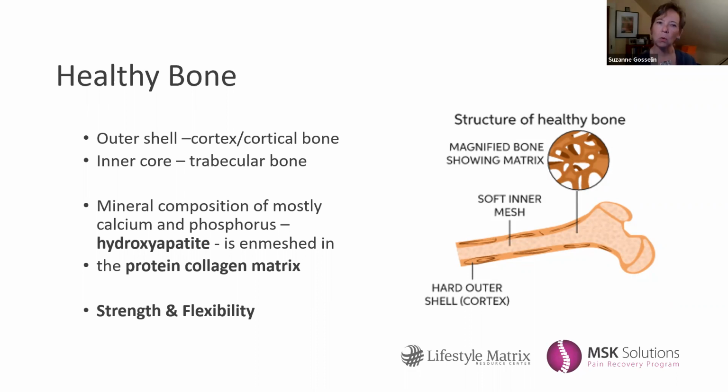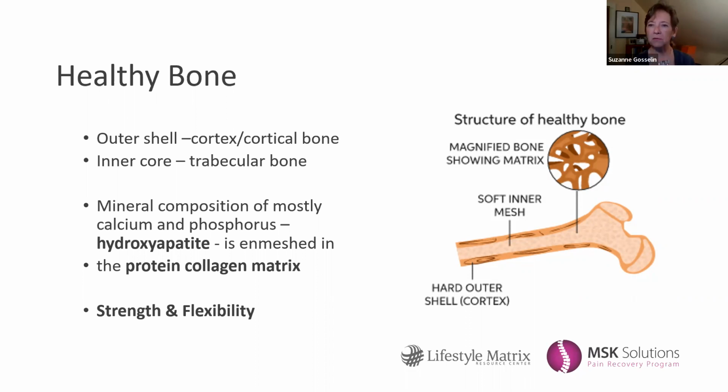And the inner core of the bone is trabecular bone, which I wouldn't necessarily call a soft inner mesh, but it is a protein collagen matrix in which the mineral composition, which is mostly calcium and phosphorus, also called hydroxyapatite, is embedded.